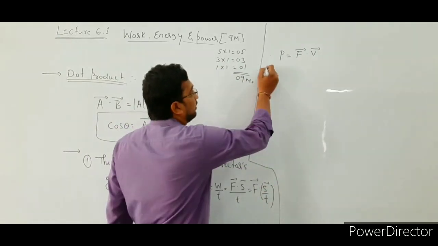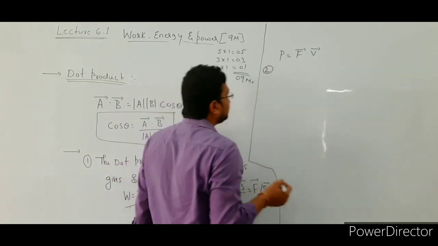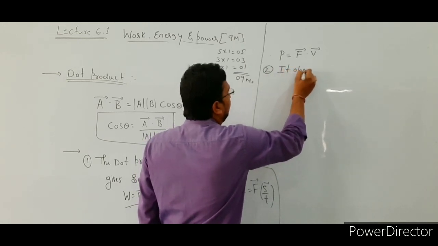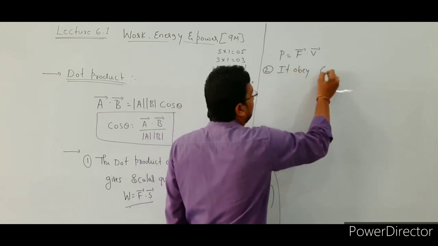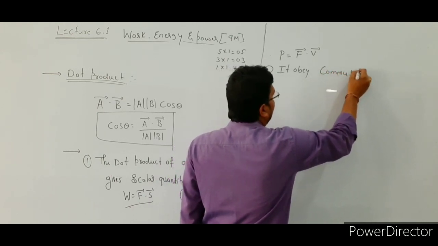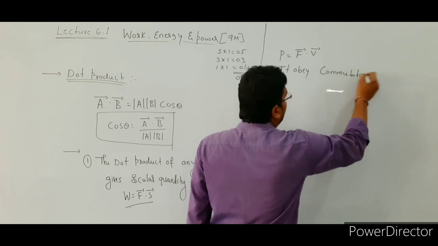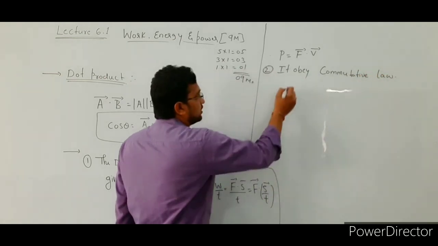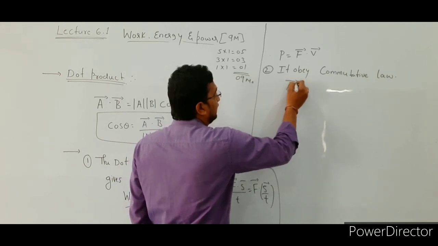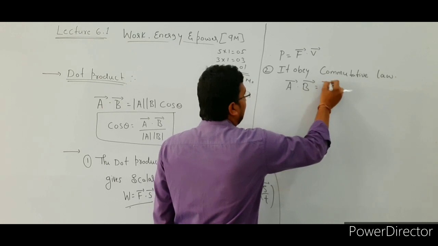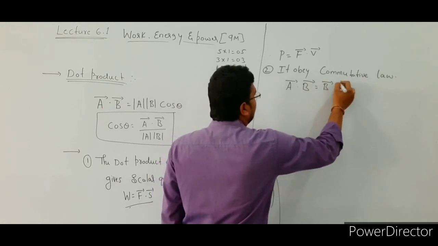The second property: it obeys the commutative law. A vector dot B vector is equal to B vector dot A vector.